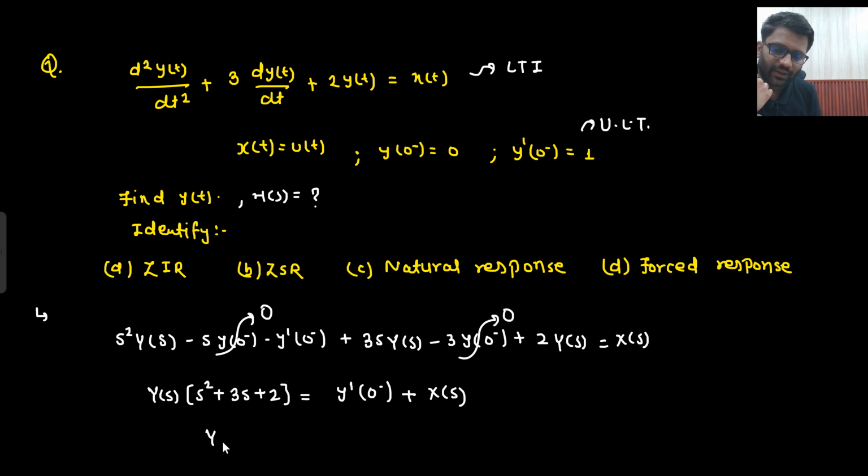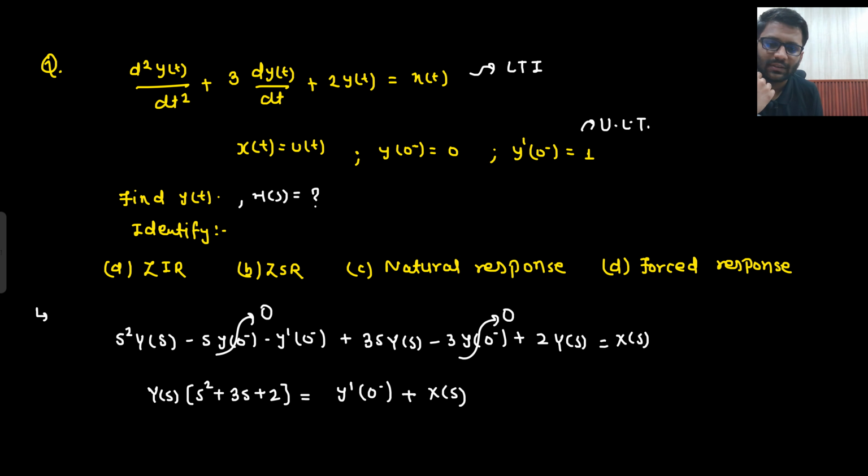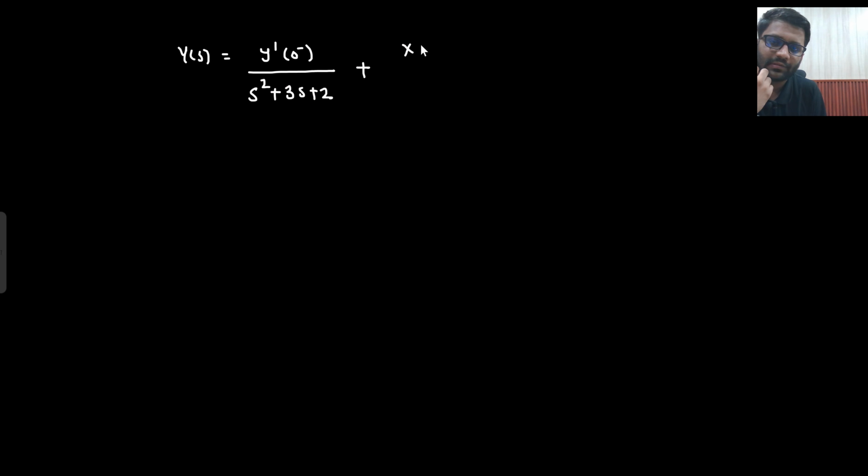So from here, let's write down on the next page, Y(s) as y'(0⁻) divided by s² + 3s + 2, plus X(s) divided by s² + 3s + 2.